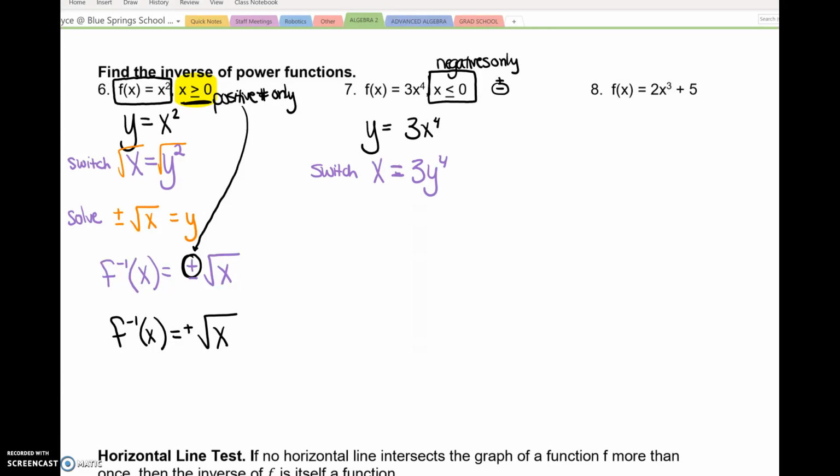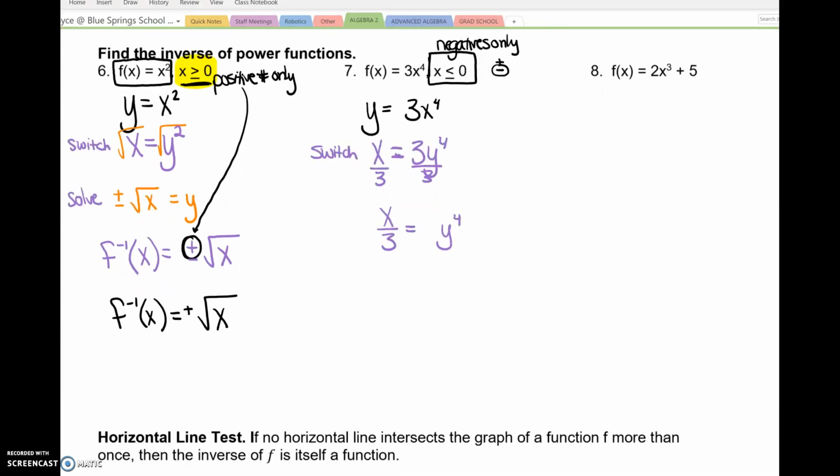We need to get y by itself, so we divide both sides by 3. How do we undo y to the fourth? The fourth root, the radical with an index of 4.